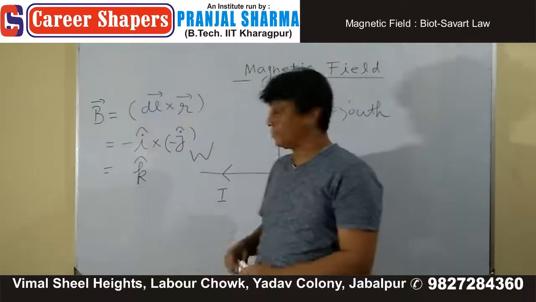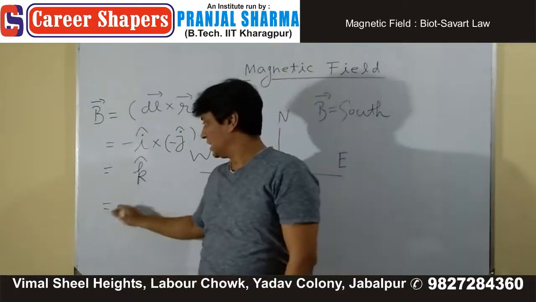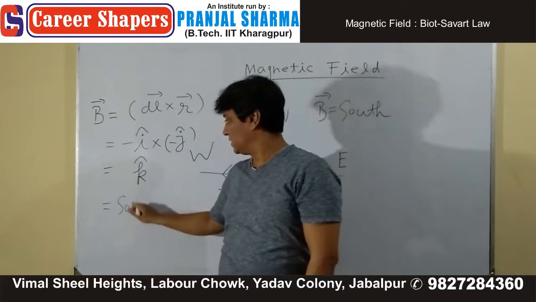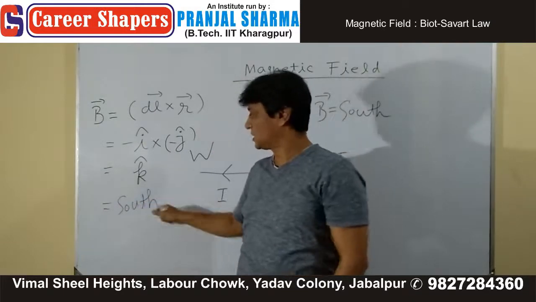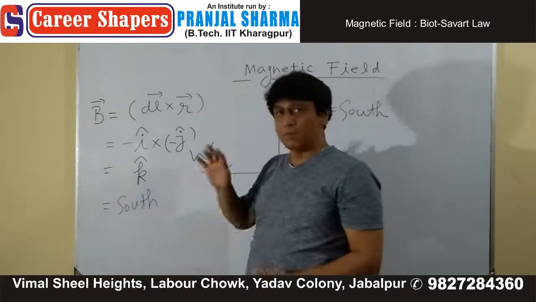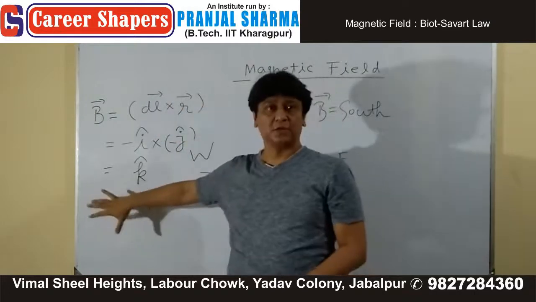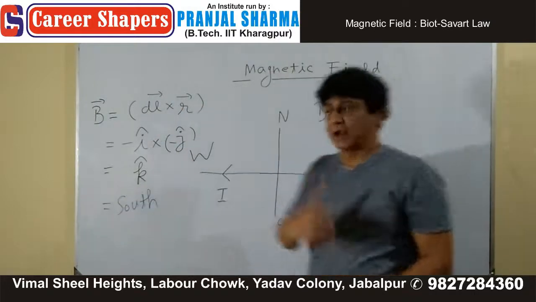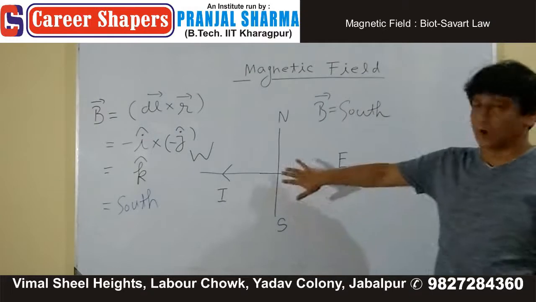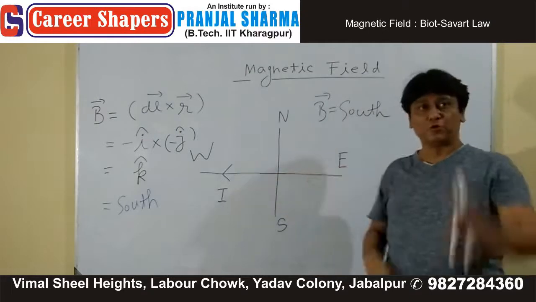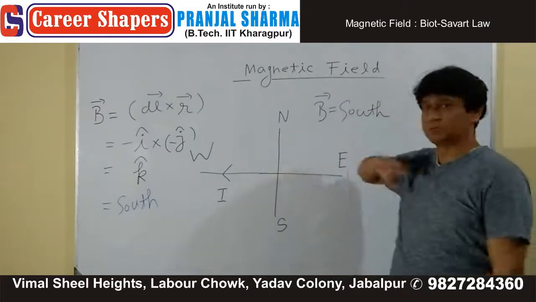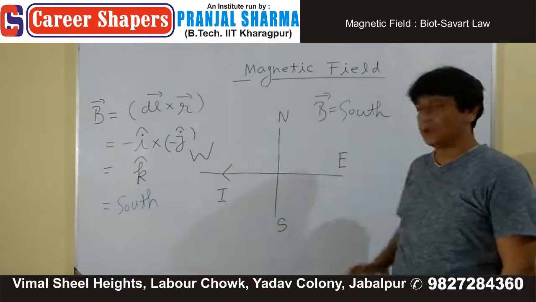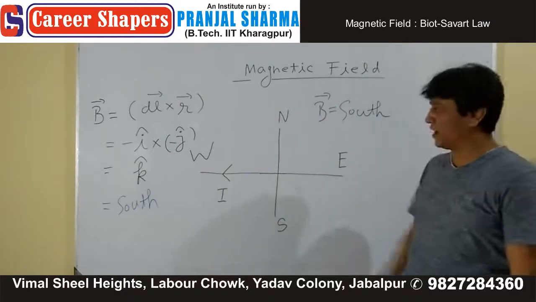So this k cap now in the actual setup is south. But avoid this. Take help of this. This is the wire. You don't have to take these three markers and everything. In just one line you can find your answer.